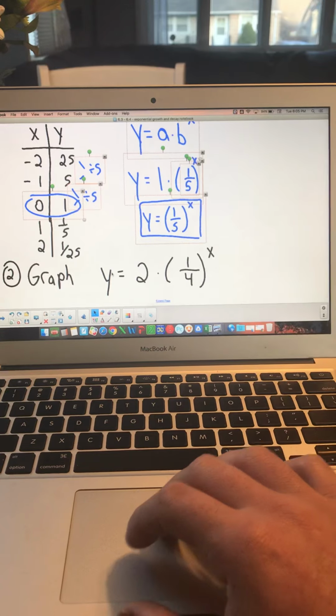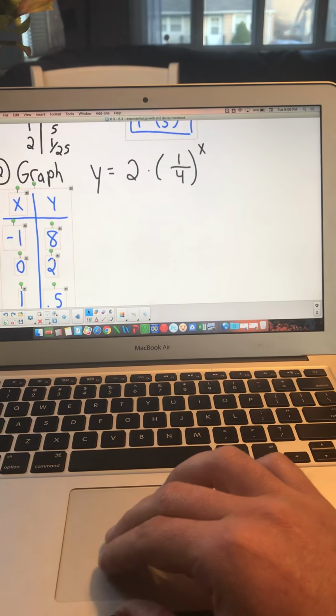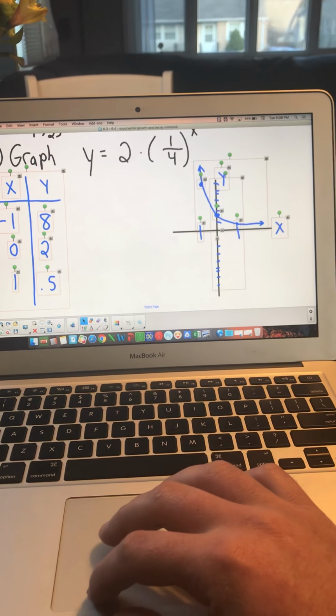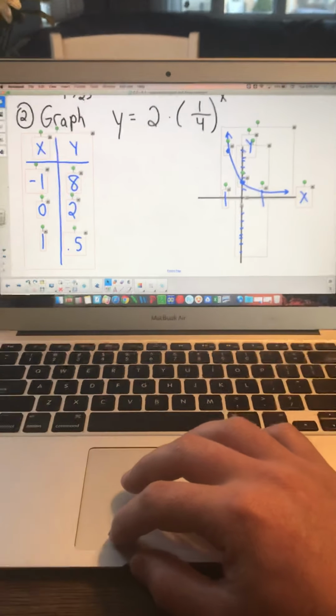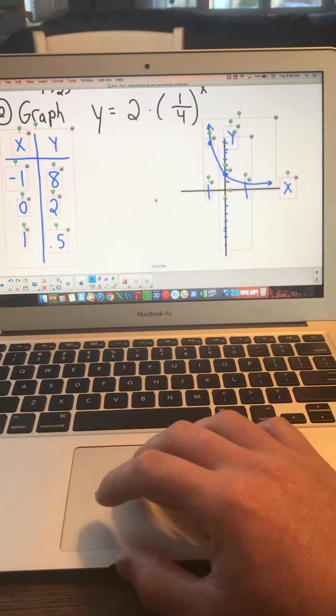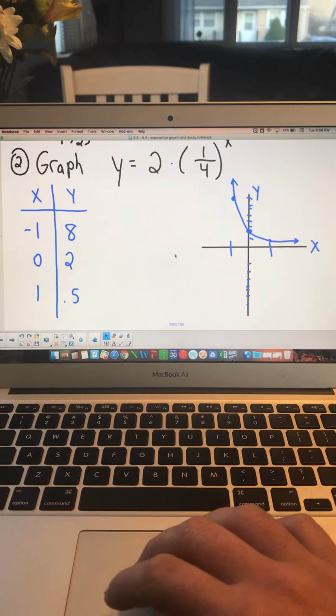Pause button again. Should be rocking out. Hopefully you're getting this. If not, you got my email, adelconte, clarkschools.org. Hit up Coach Dell. That's what our graph should look like. So we're good.